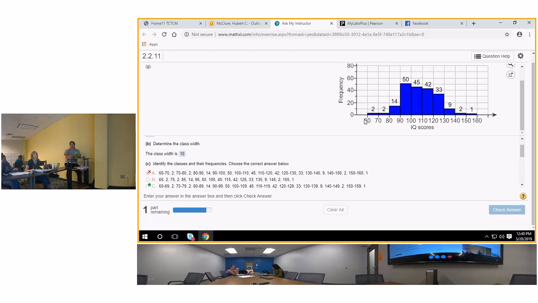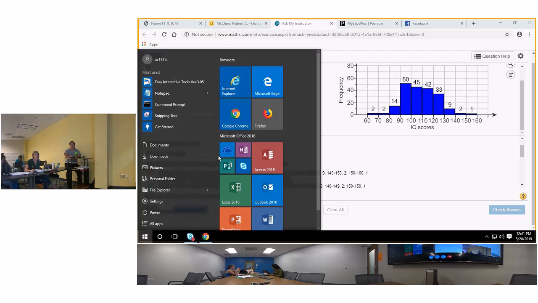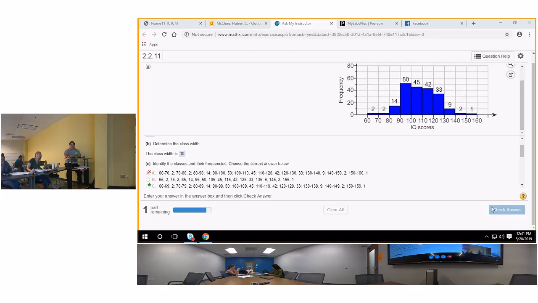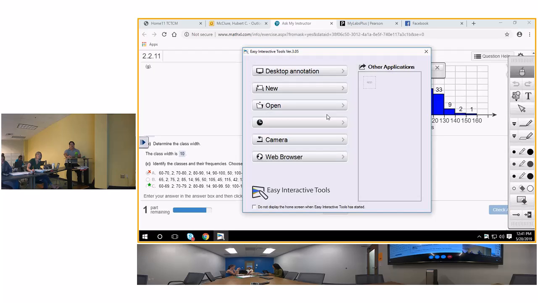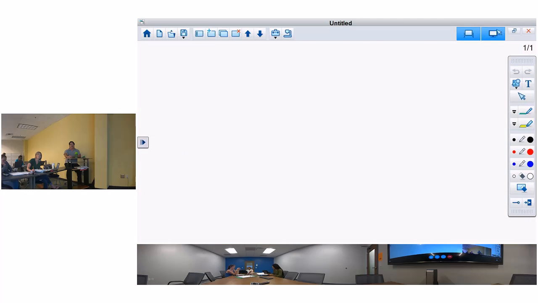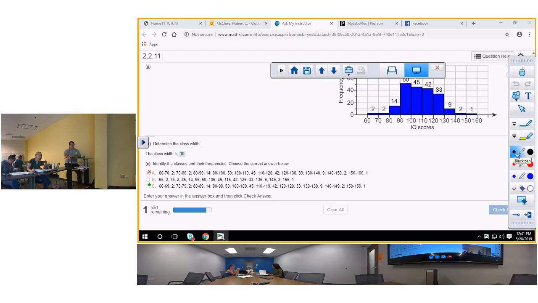That's the class. And now, the best way to show you this is in the original form of the frequency distribution. Okay? So what I'll do is I'll show you the best way to find the class width.